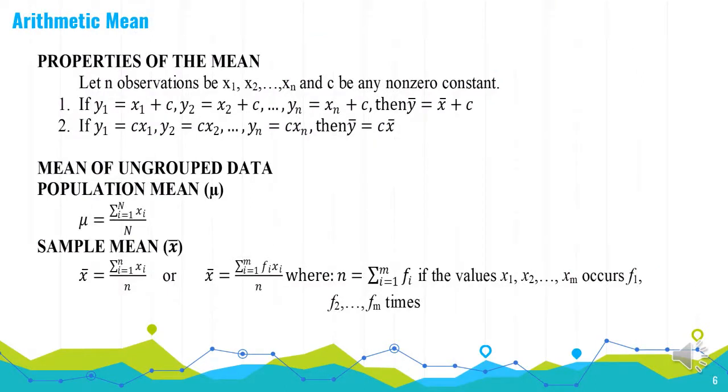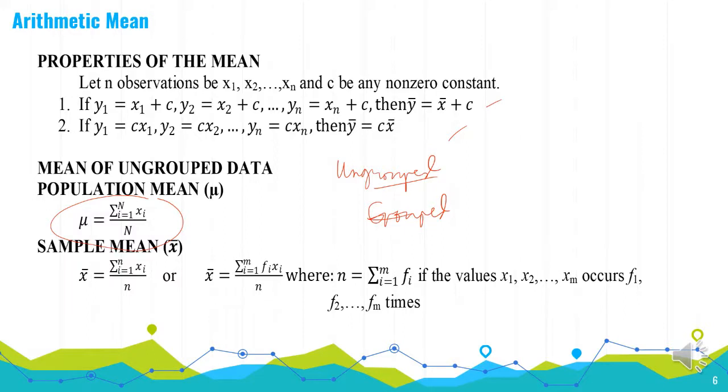There are notations here, but if I read them, you probably won't understand, so let us just go to the formula. Remember, in our frequency distribution, we have ungrouped and grouped data.